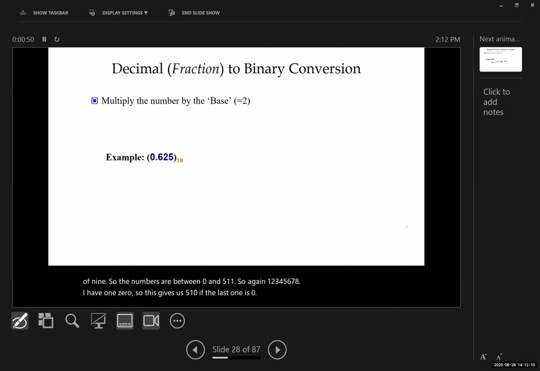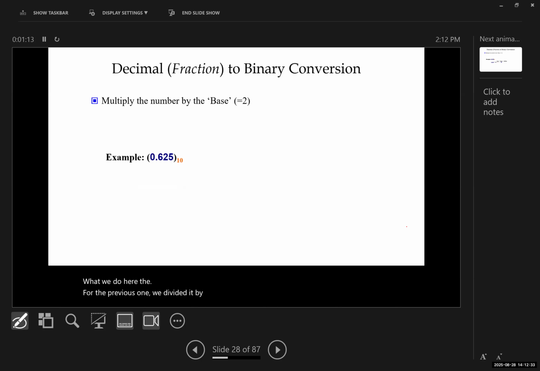Now, what if we have a fraction? We want to convert a decimal fraction to binary. The example is 0.625. It's a decimal number, and we want to convert it to base 2. For the previous one, we divided by 2.